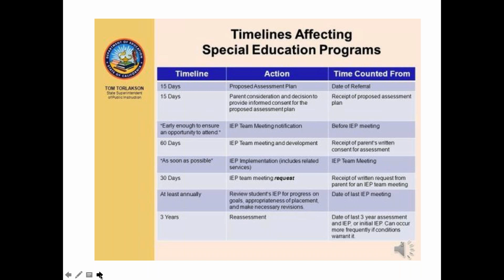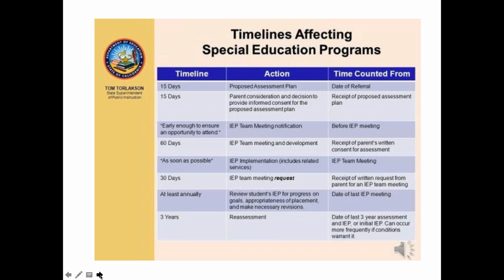Then the team, once all that's done, has 60 days in which to have the evaluations and develop the IEP. And then once the IEP is signed, and it's a little funky here because it doesn't say that, the IEP implementation is only after a parent has signed it, right?